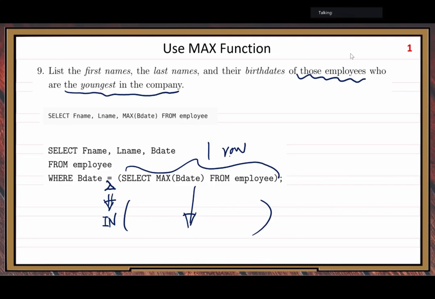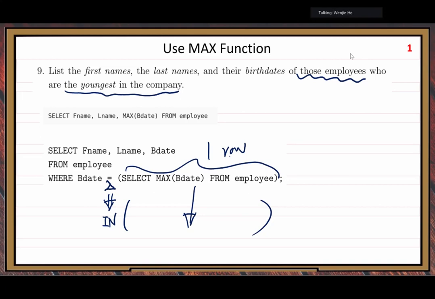If there is more than one row, you cannot use the equal sign, but you can still use the in operator. So that's this way.